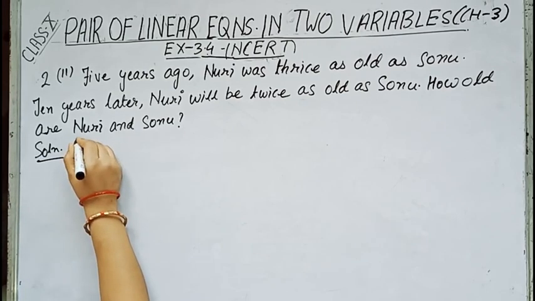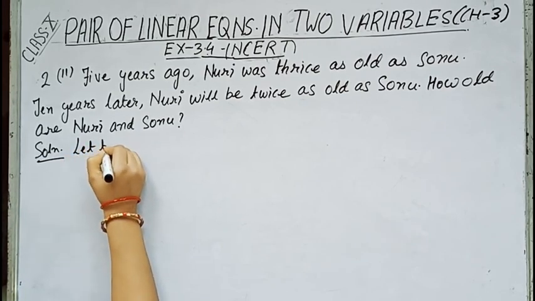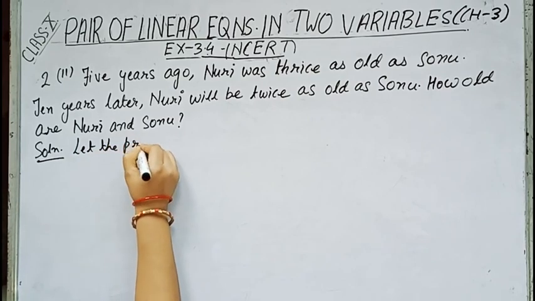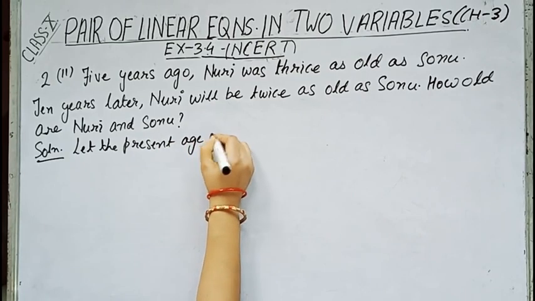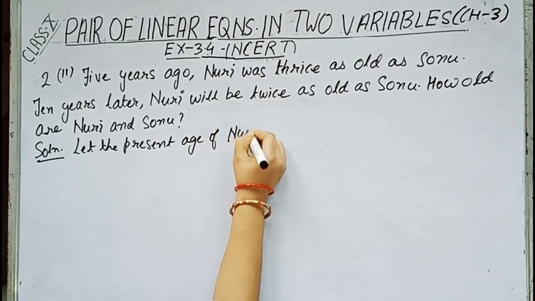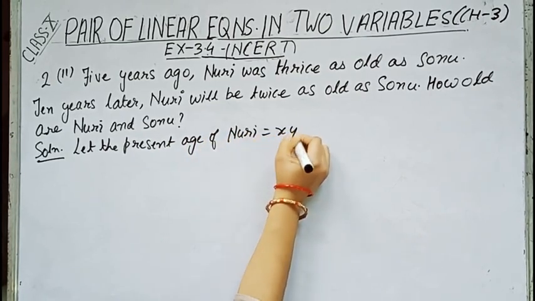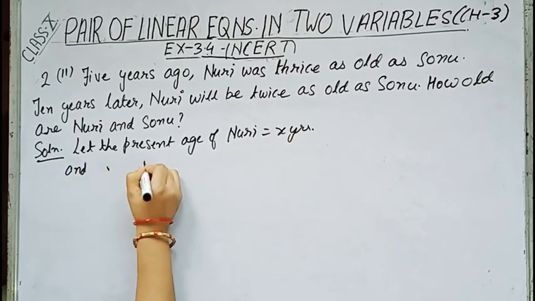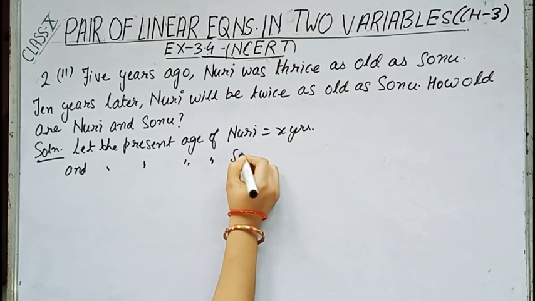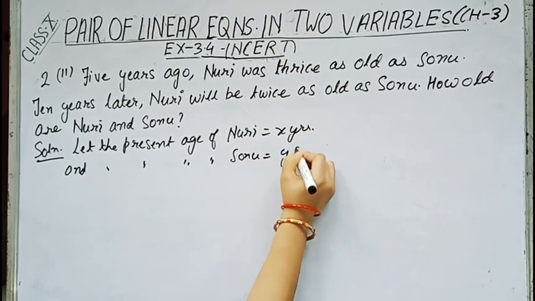Noori and Sonu. Let the present age of Noori equal X years and the present age of Sonu equal Y years.